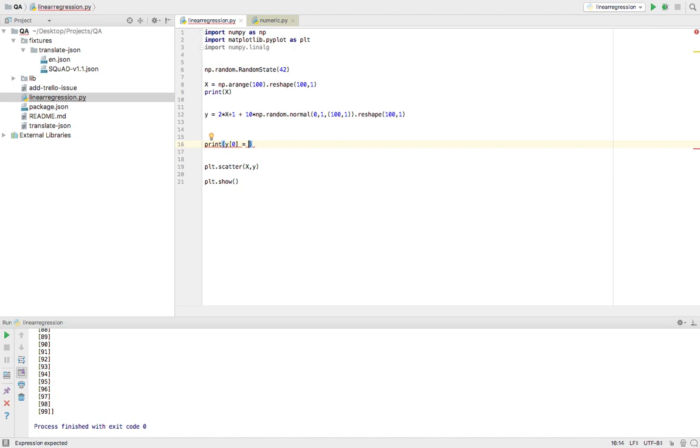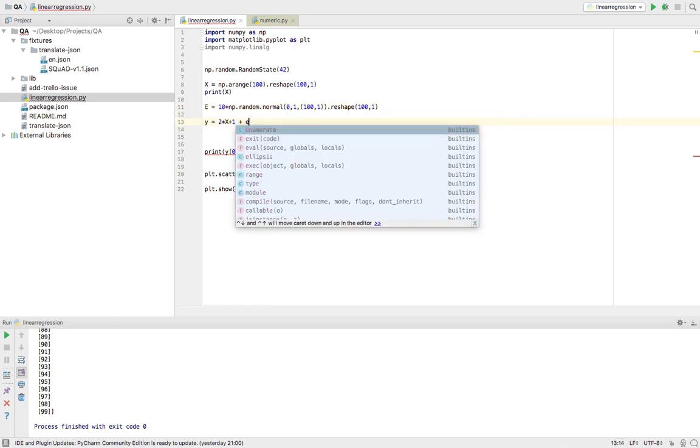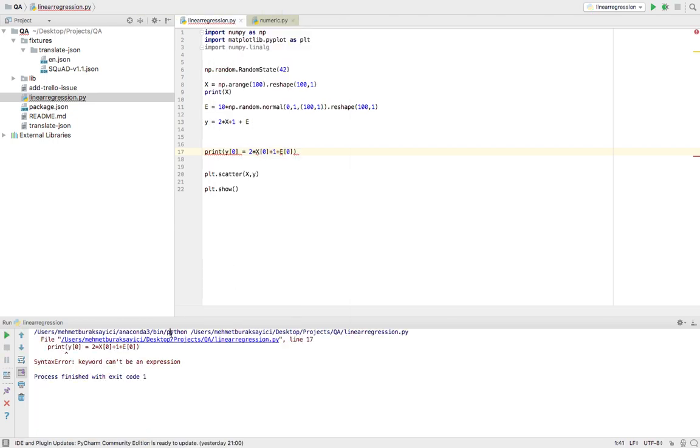Let's make it equal to 2 multiplied by the first value of x plus 1, and also let's take this randomness, the random, or epsilon, and add the first value of epsilon. So let's run it again and see what we have. And we have some problem here.